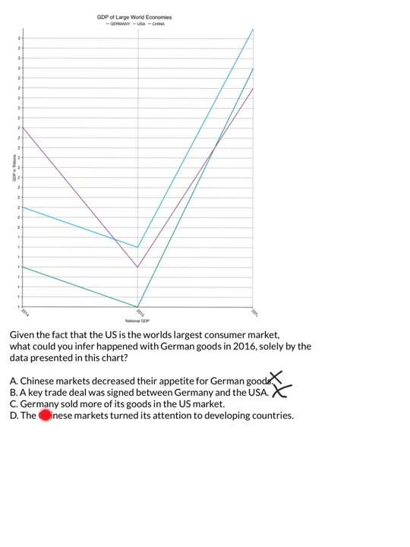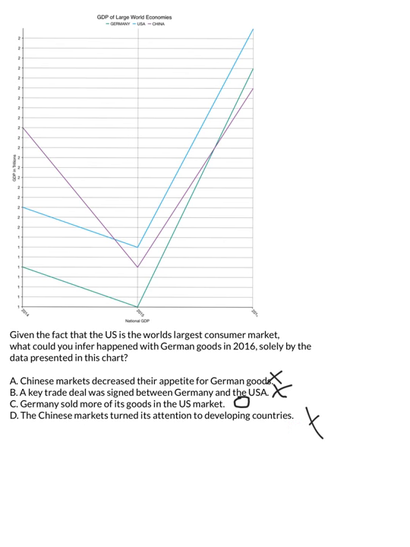Then we come down here to C. Germany sold more of its goods in the U.S. market. Okay, so that is something that you could infer, because the U.S. is the biggest market. Before, Germany was below in terms of the value of its gross domestic product. Then it goes up. You could infer that it did sell more into the largest market. So that's one that we want to hold on to. I'm going to put a little circle there for right now. And then D. The Chinese markets turned their attention to developing countries.